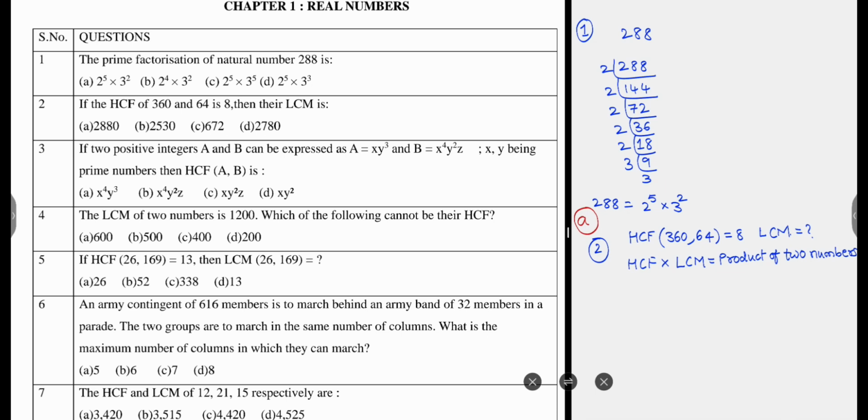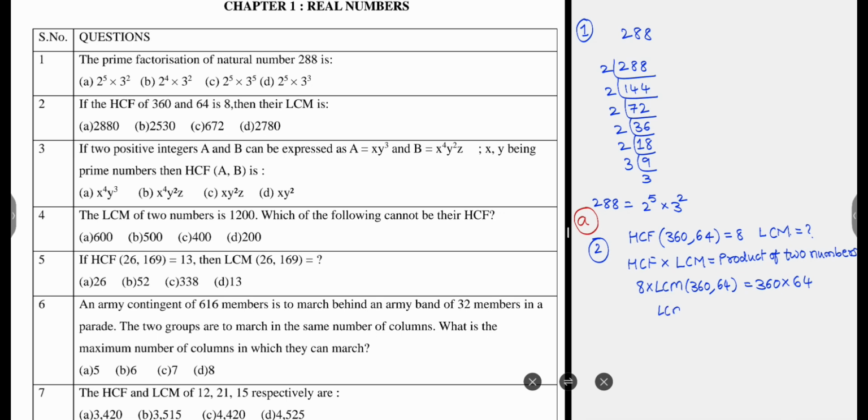So what we can write, HCF is 8, 8 into LCM of 360 comma 64 is equal to the product of the two numbers, 360 and 64.